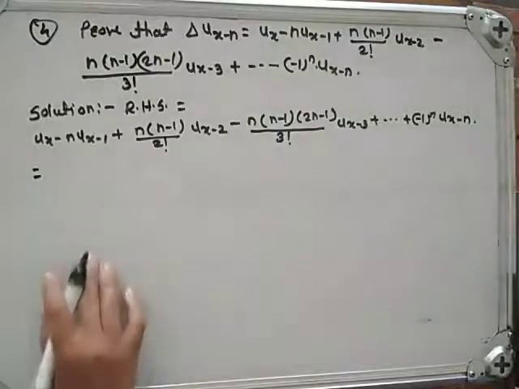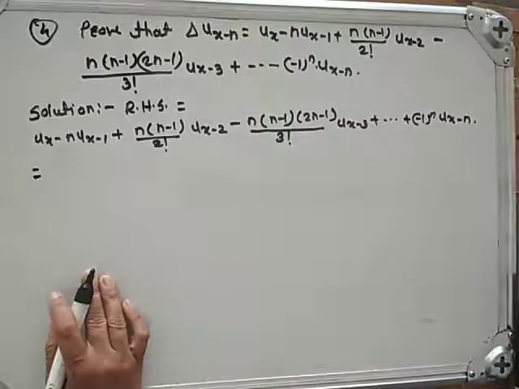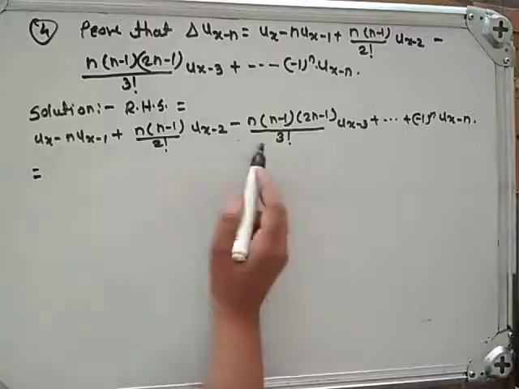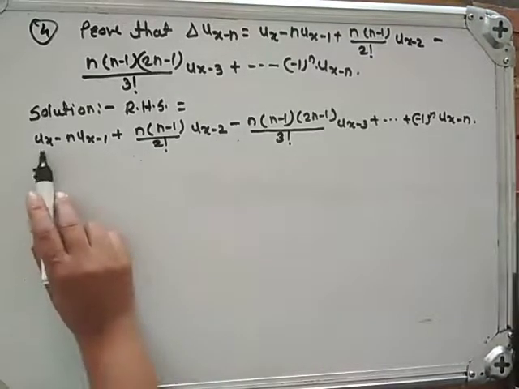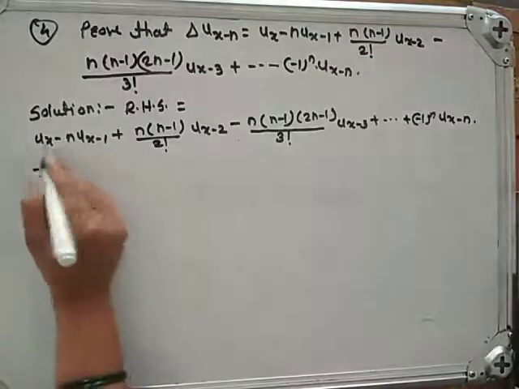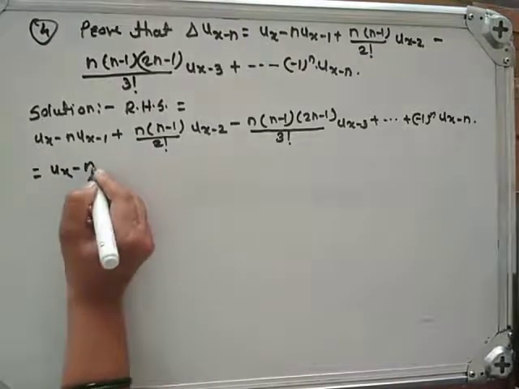this is equal to, in all the terms, here keep u x as it is minus n.